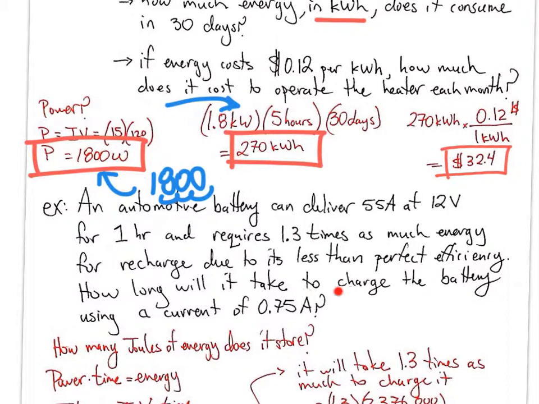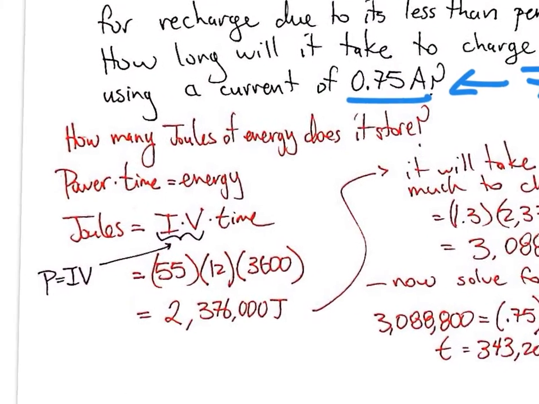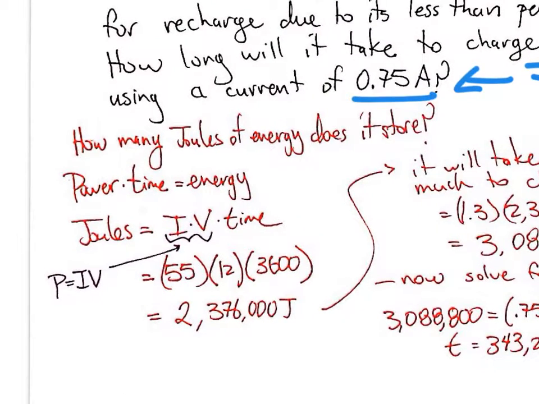So, how long will it take to charge the battery using a current of 0.75 amps? This is a relatively small current. In your homework, I think this was actually 7.5 amps, so your answer will be a little different. But it goes like this. First, we figure out how many joules of energy the battery actually stores.